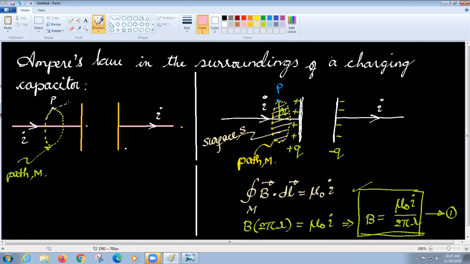Now you have a surface something like this. Mind this, this surface is not resting on the plane where you have path M. It is elsewhere like this. Let me redraw it.